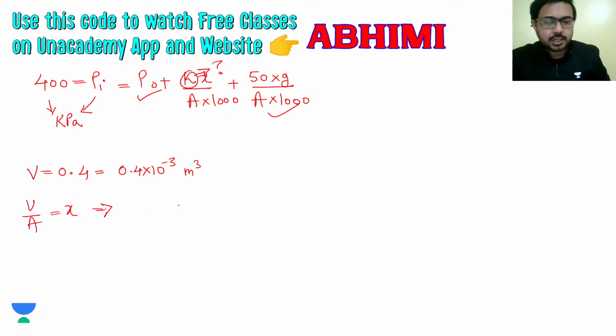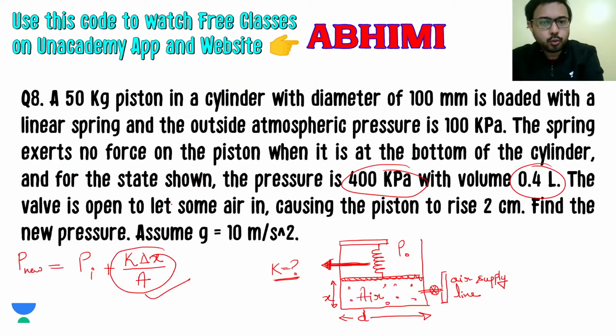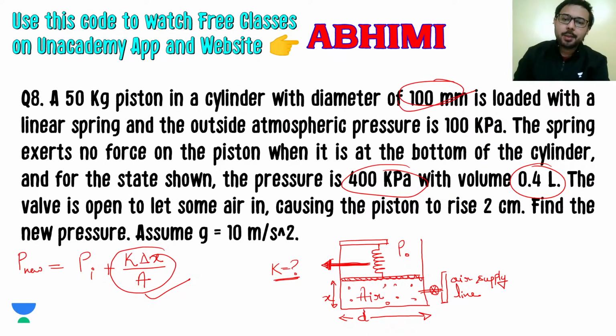To calculate area, we have the diameter of the piston known to us, 100 mm. So it will be 0.4 into 10 to the power minus 3 divided by this area, pi into 0.1 square divided by 4, and it is coming out as 0.05.